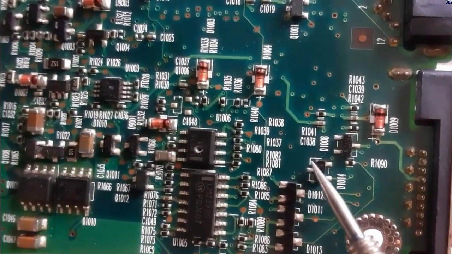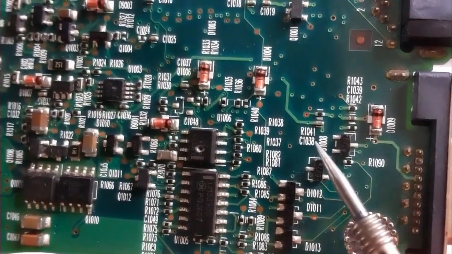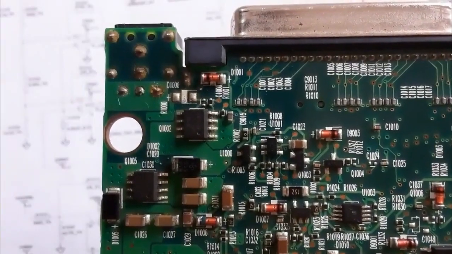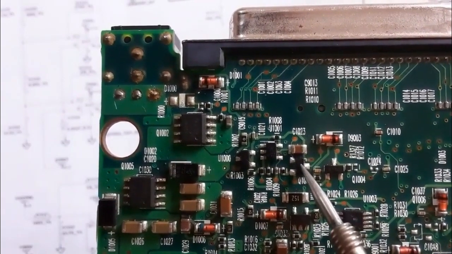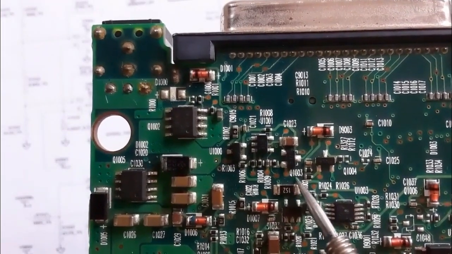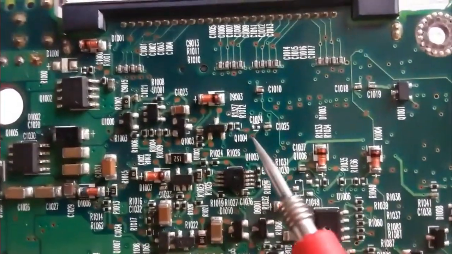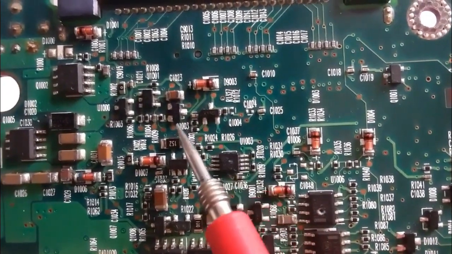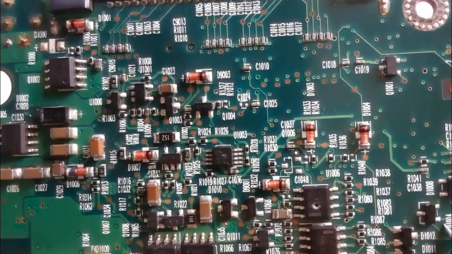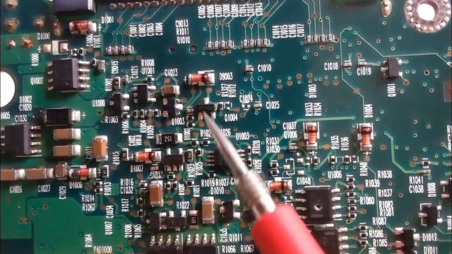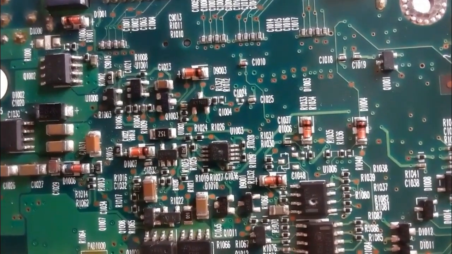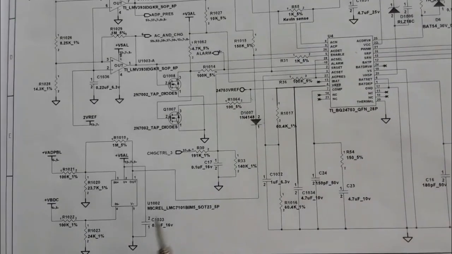This is a diode, we have D. And here the same component, but the reference is Q. So pay attention, do not replace a diode with a transistor or a transistor with a diode. You should always pay attention to the reference of the components. Always the diode has a D, the transistor has a Q, and the IC has a U reference.